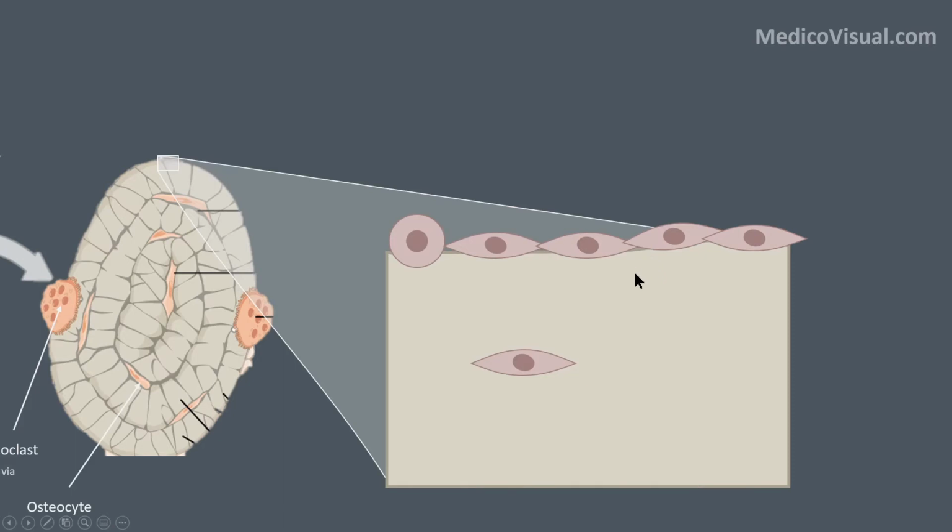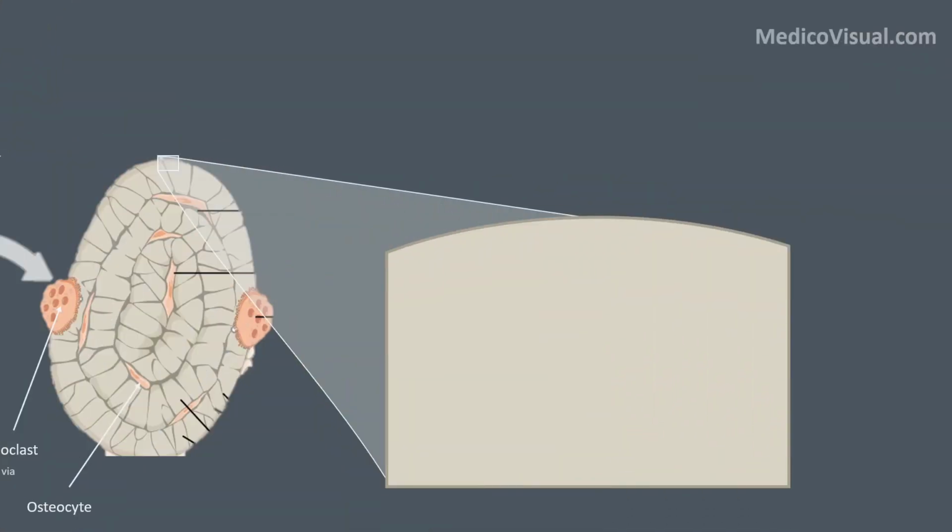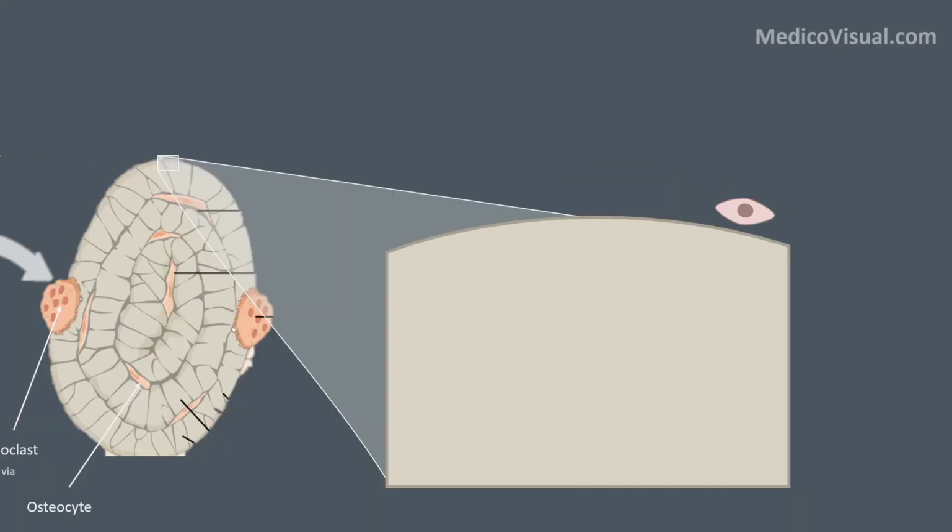Now let's see what goes wrong in the development of giant cell tumor. Let's say that this is an osteoblast precursor cell, or you can call it a pre-osteoblast. What happened with this cell is that it underwent a series of mutations such that it is now a neoplastic cell.